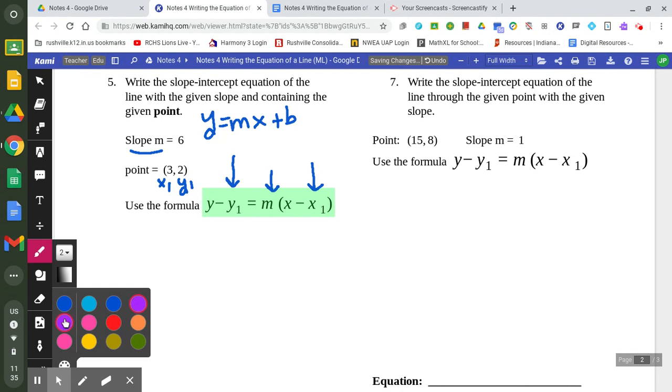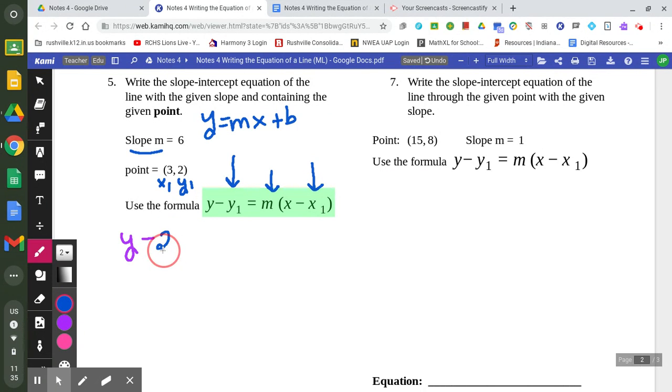So now as I write this equation, y minus, my y1 is 2, equals, and then my m is 6, x minus, and my x1 is 3. So I have replaced or substituted in for the y1, the m, and the x1.